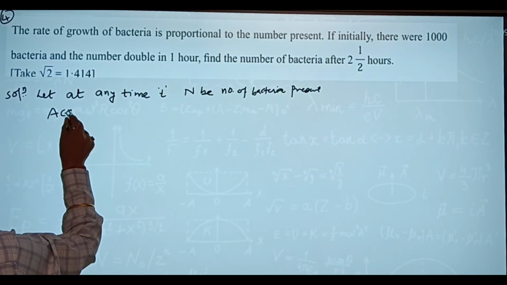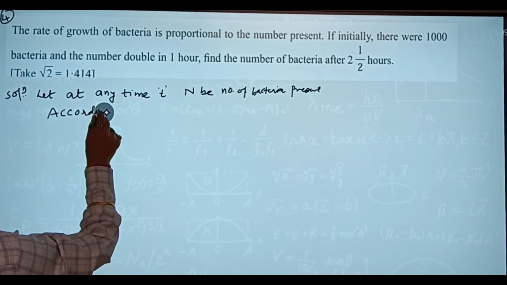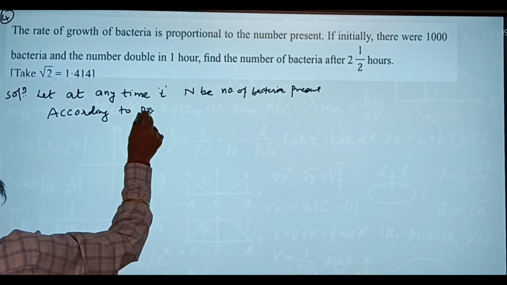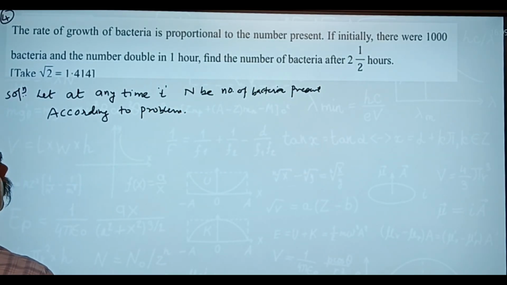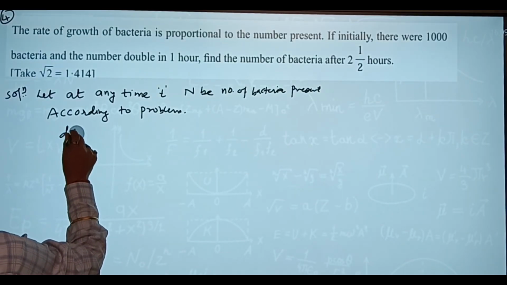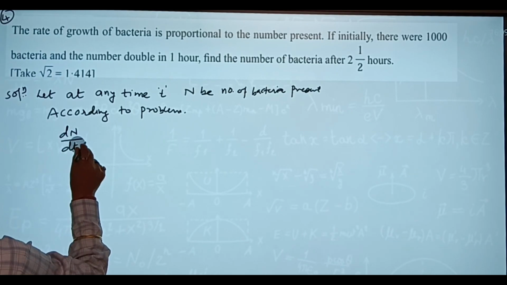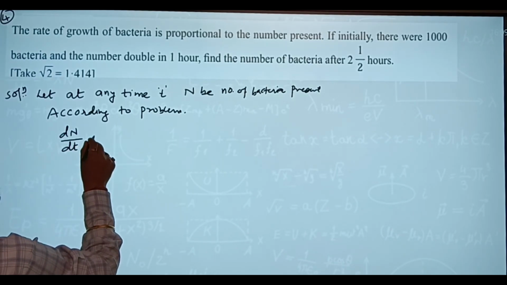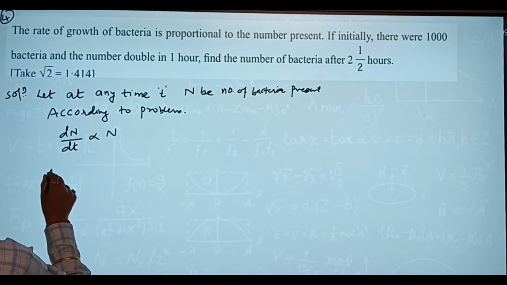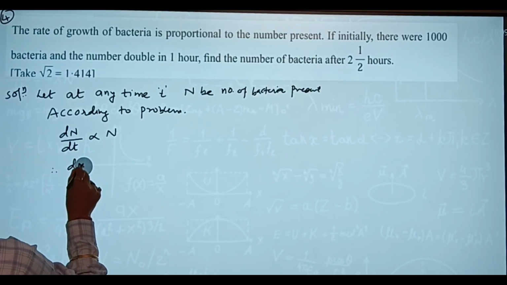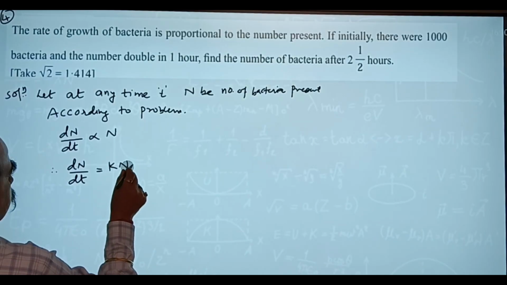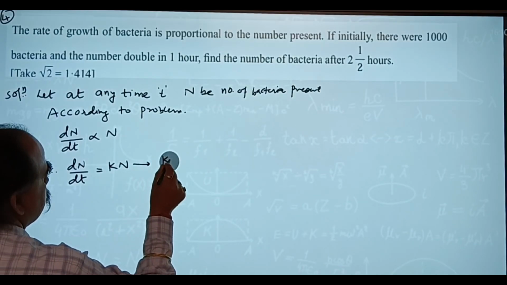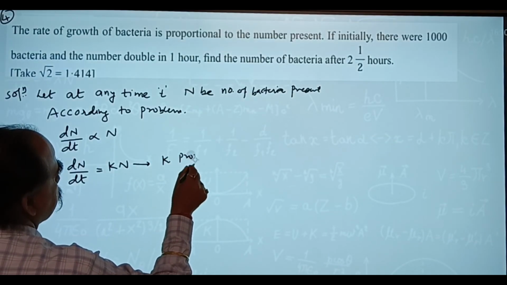According to problem, dn by dt is what? Proportional to n. So dn by dt is what? Kn, K is proportionality constant.